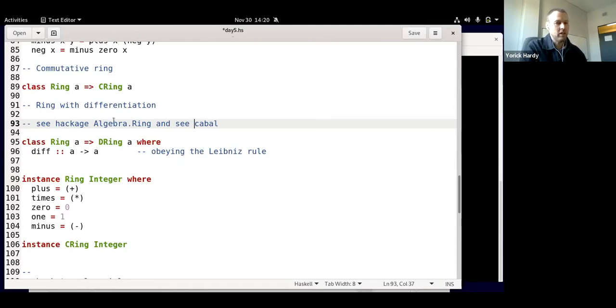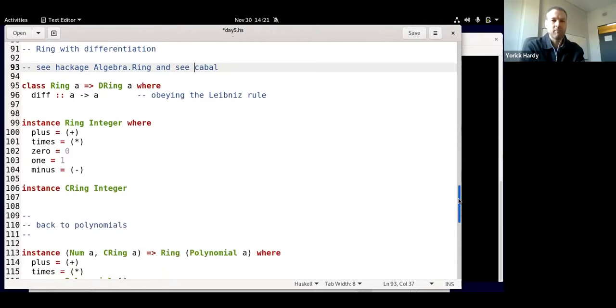The libraries are extensive. You can find a lot of structures from mathematics, but many structures in general that you can use. So this is a very useful resource. But mostly what we're doing here has already been done there. So auto differentiation is already there. Rings are already there. Most of what I'm implementing here is already done. So it's more just an illustration of how you could approach it.